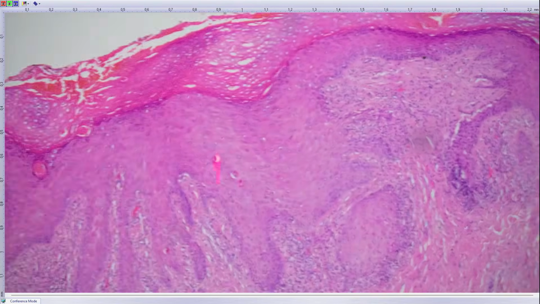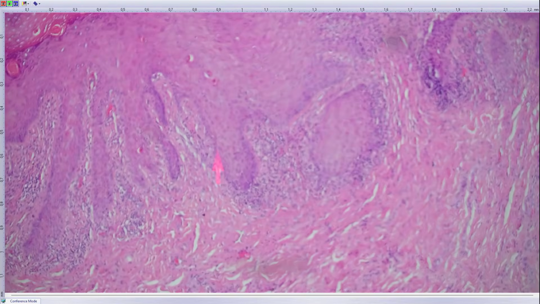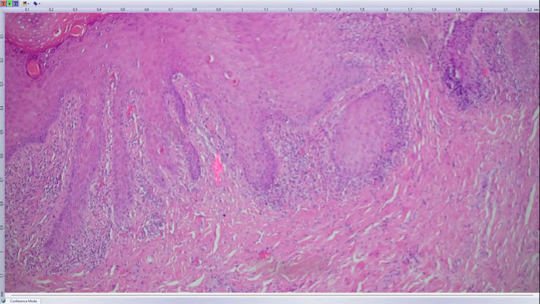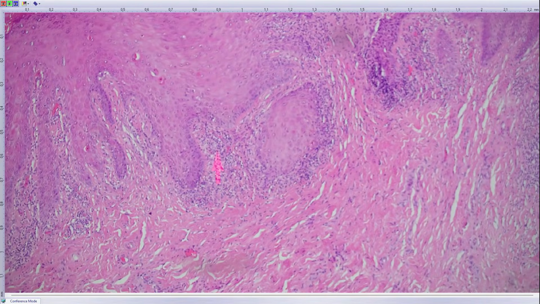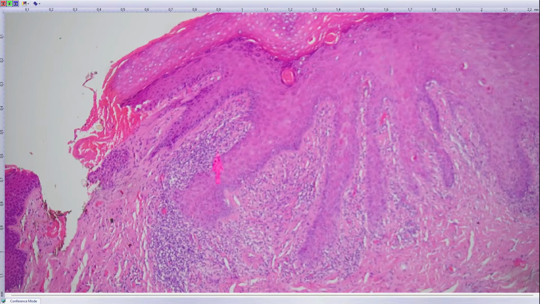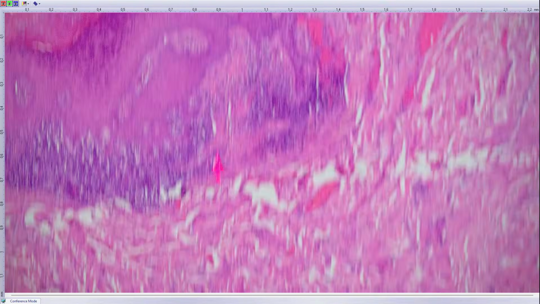Here I have another block from the same patient. You can again see here elongated rete ridges with eosinophilia and lack of basal membrane, so that again it is microinvasive.